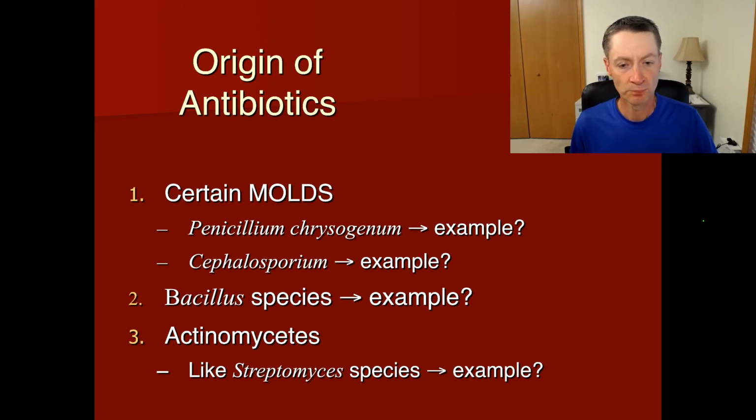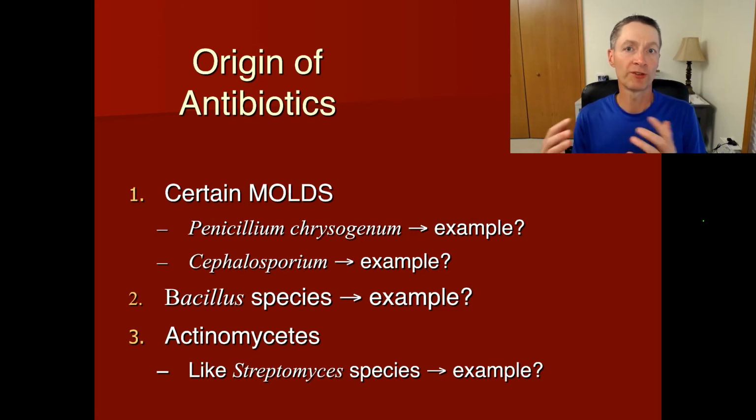Okay? So streptomycetes would be an example of an actinomycete organism, and of course streptomycin would be an example. So big one to remember there is that if I'm looking for antibiotics, the soil is a good place to look. In fact, there are researchers that will go all around the world to find unique soil types with the intent to find unique antibiotics.